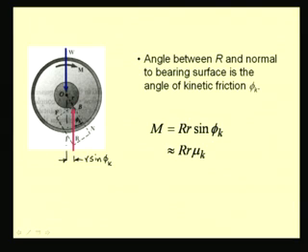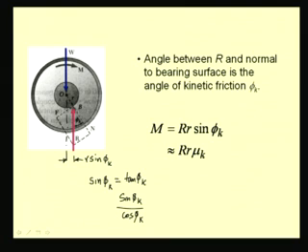For small angles of phi k, we know that sin phi k is equal to tan phi k. This is because tan phi k is nothing but sin phi k divided by cos phi k, and for very small angles this cos phi k is nearly 1.